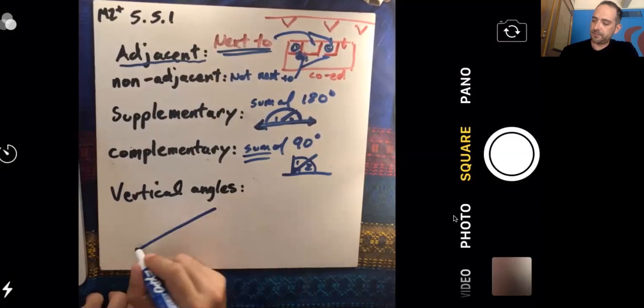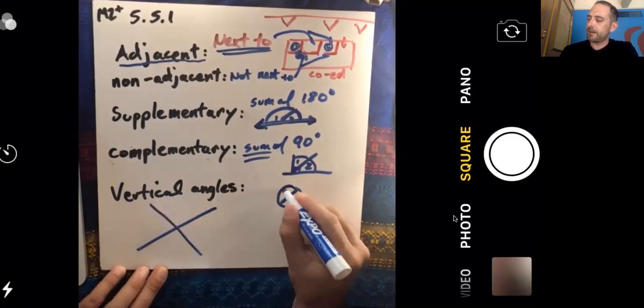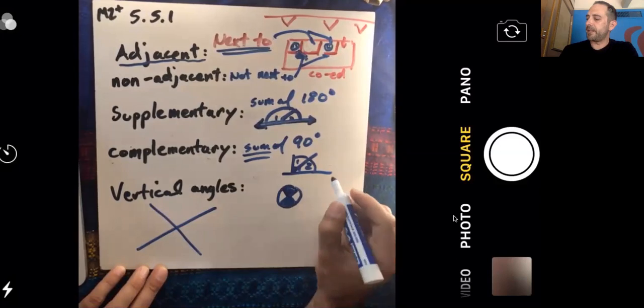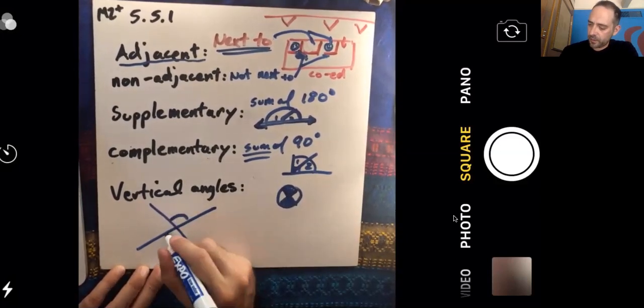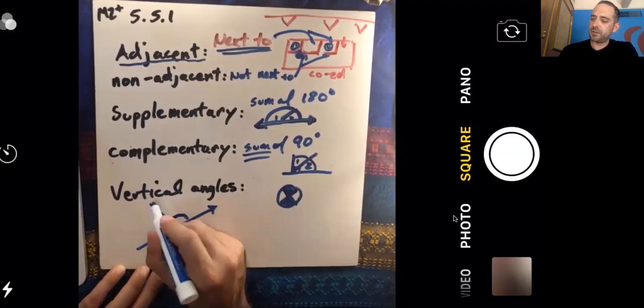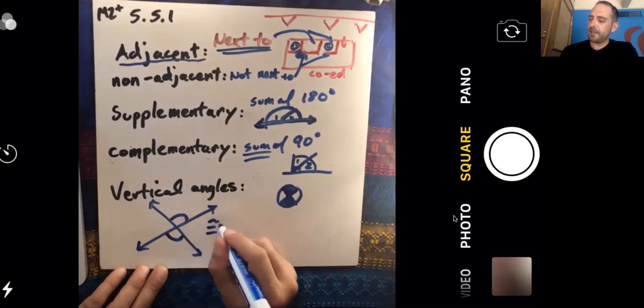Vertical angles, when I think of vertical angles, I think of, well, everything to me is X-Men, so I'll just call it X-Men. I think of this symbol here because this angle here and the one directly across it, so these are two intersecting lines, these two angles are going to be congruent. It's the definition.